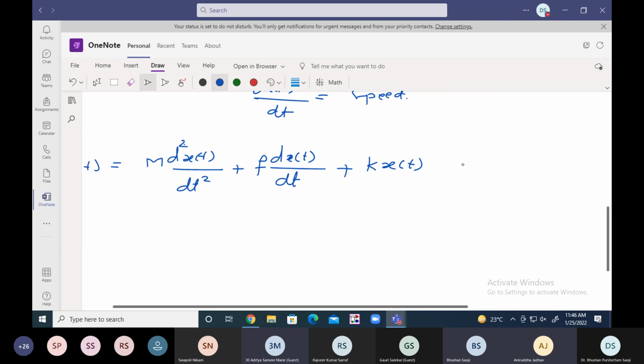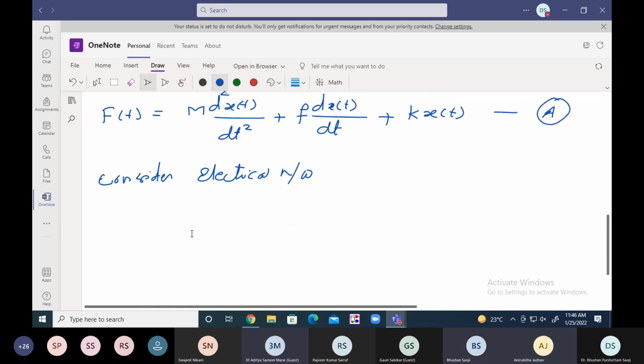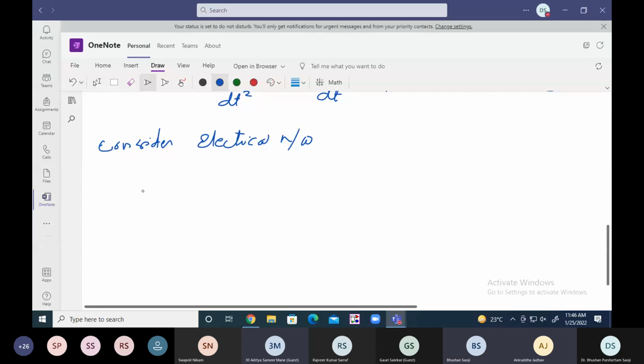Let's say this equation is A. Now consider an electrical network. We will consider the electrical network like this one.